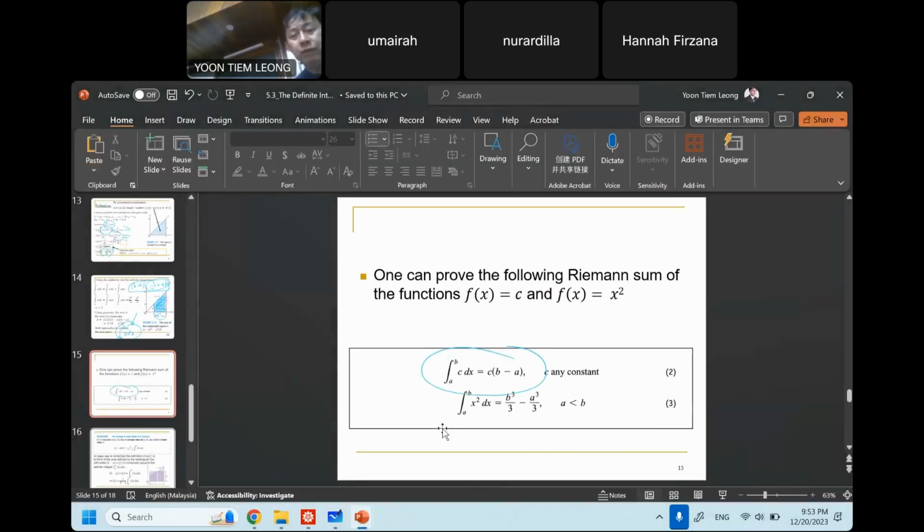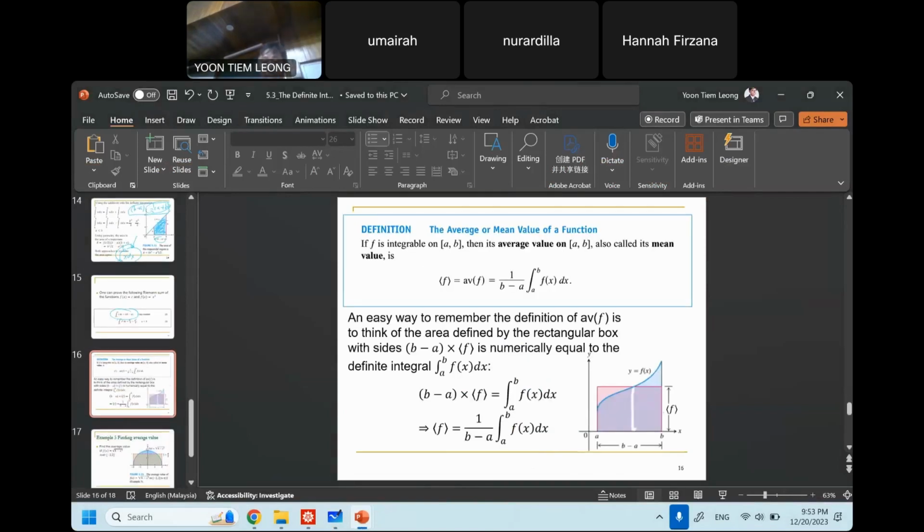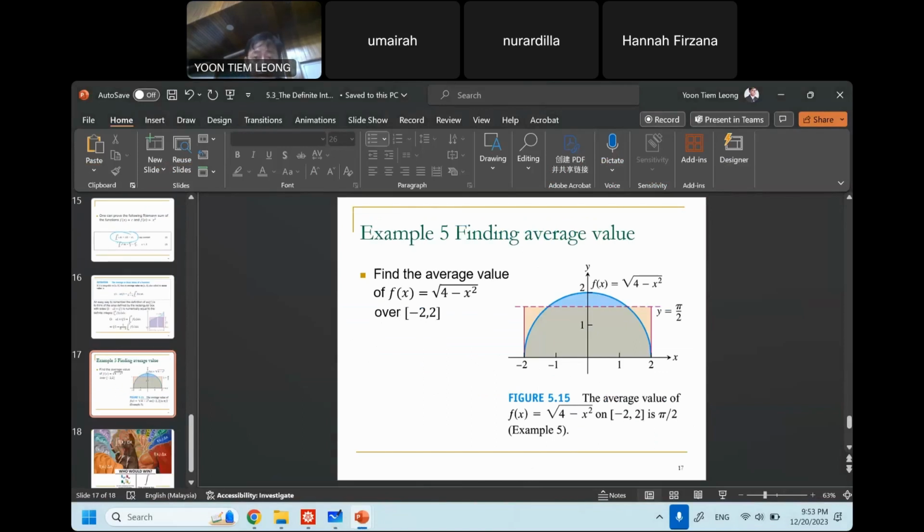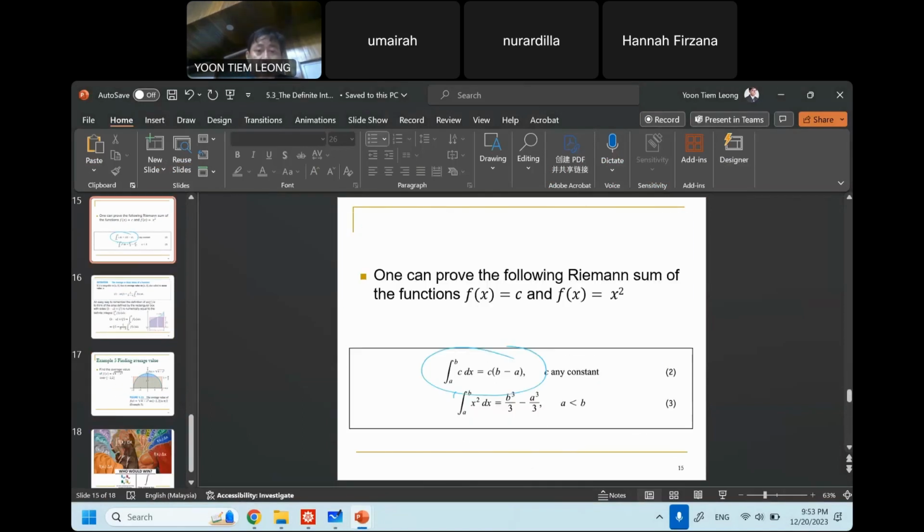Last time we discussed how you prove these statements, but this time I won't do it anymore. With these results, you would be able to calculate the Riemann sum for some simple functions, such as for this example.